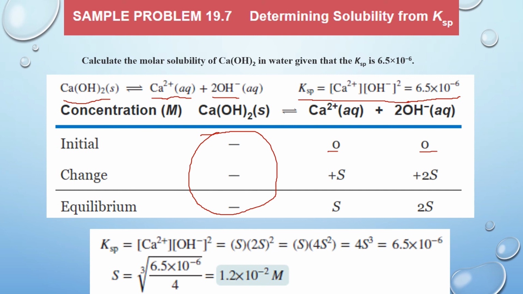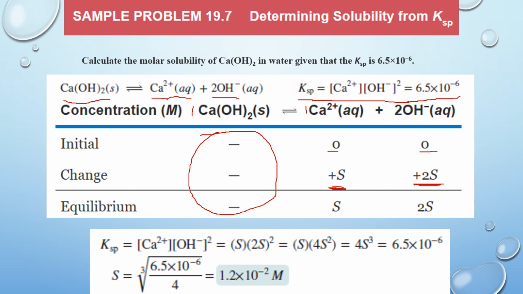For the change in concentration, the amount of increase for calcium is equal to the molar solubility of the calcium hydroxide, because we assume that it completely dissolved. The stoichiometry suggests a 1-to-1 ratio between the calcium and the solid, so we have a plus S. And for the hydroxide, because the coefficient is 2, we have a plus 2S.